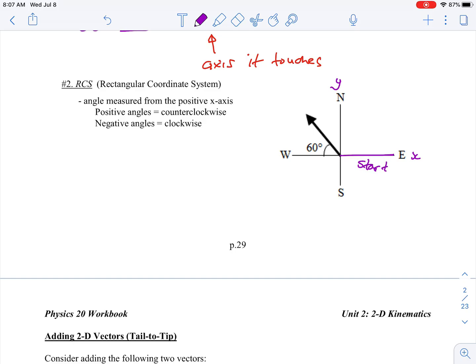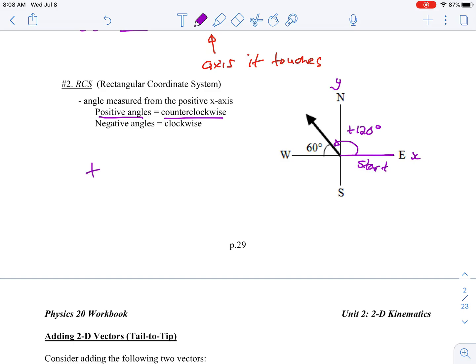And then from there, you go all the way to what's called the terminal arm. So you go from here all the way to here. Now, if you go in a counterclockwise direction, like this, that would be considered a positive angle. So counterclockwise is positive. So this one would actually come out to be positive 120 degrees. And that would be the angle.